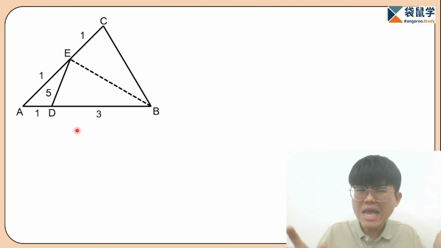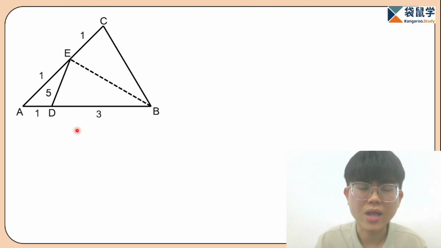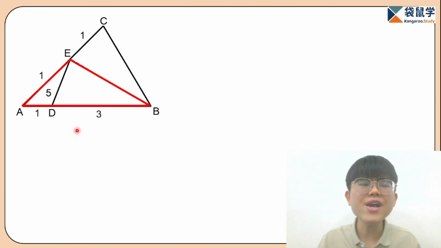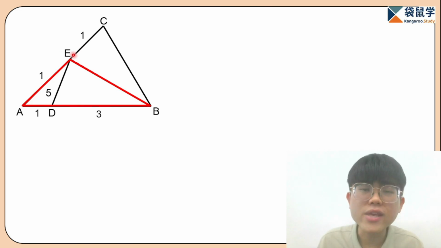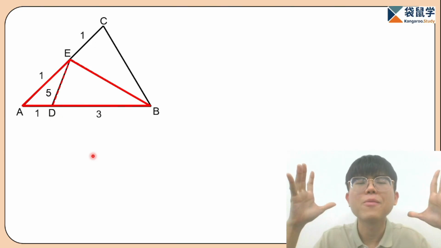Now everyone, can you see any model here that can help us find the relationship? That is actually the equal height model. Everyone, you see the triangle EAB, and from the vertex E over here, the height cuts through the triangle at this line. This is what we call the equal height model.